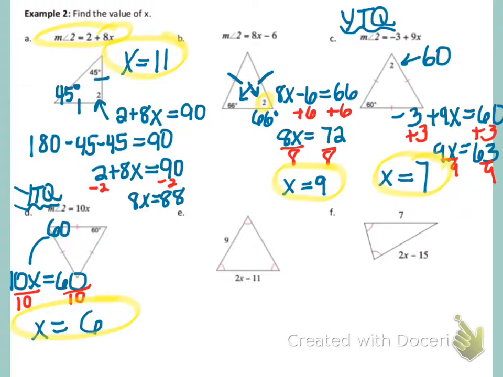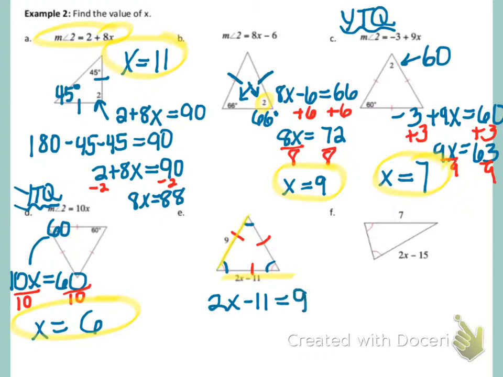Okay, our final question. So this time in E, we've got angles marked equal. So instead of sides, we've got the angles marked equal, which means that, of course, all the angles are 60 degrees, but that's not helping us here because the thing that they're asking us to find has to do with sides. But we do know this, that if all of the angles are equal, then all the sides would have to be equal. And that means that this part right here labeled with 2x minus 11 must equal the same thing as this side over here, which is 9.